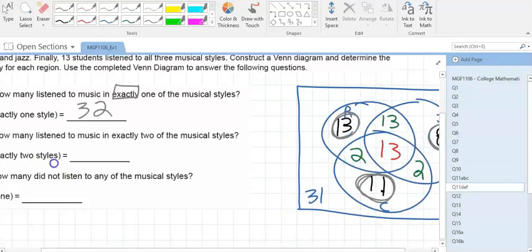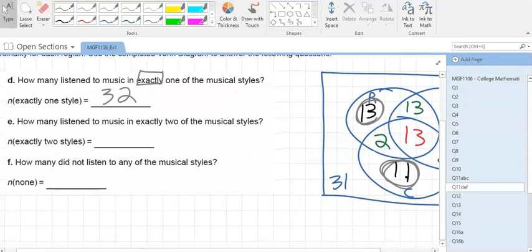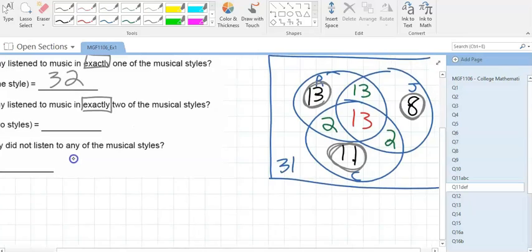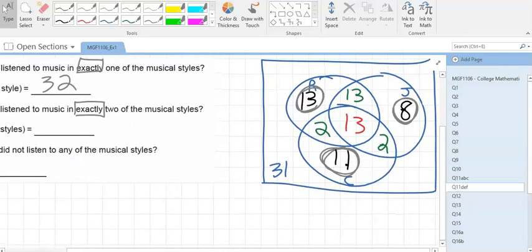All right. Now the next question says, how many listen to music in exactly 2? Again, that word exactly 2. So which ones are we talking about now? Both of them or just one of them? Both.